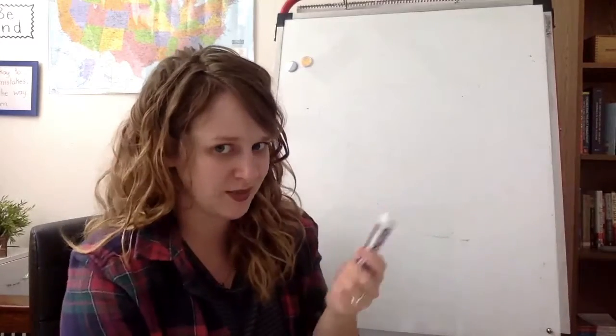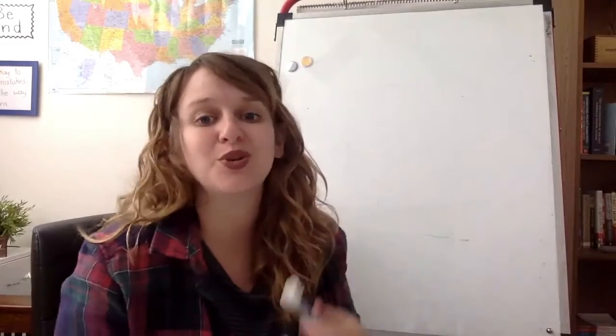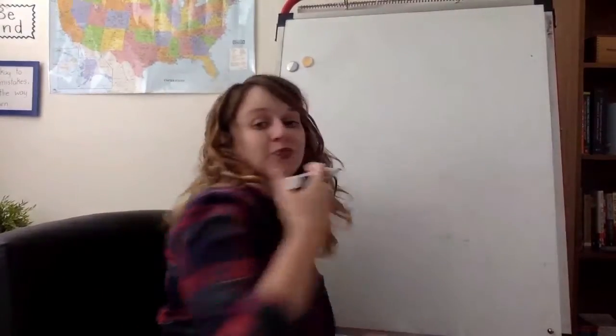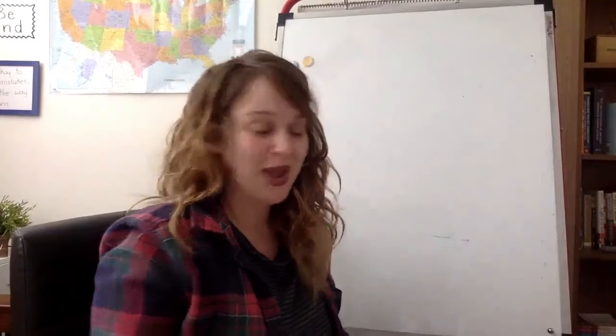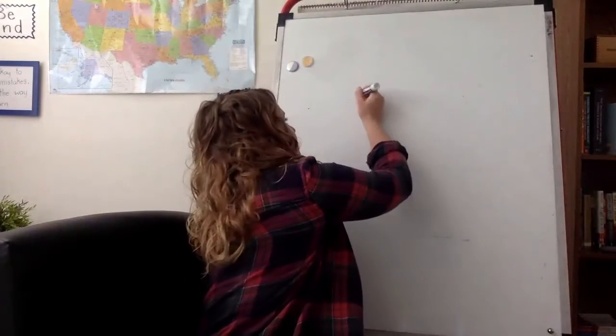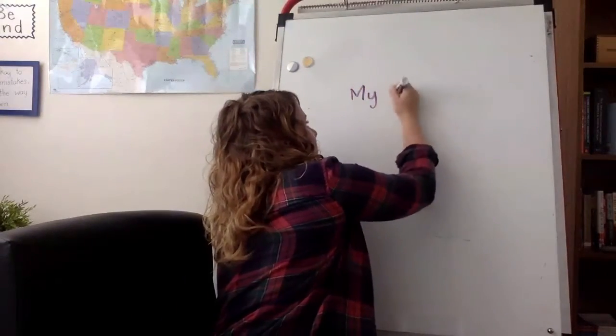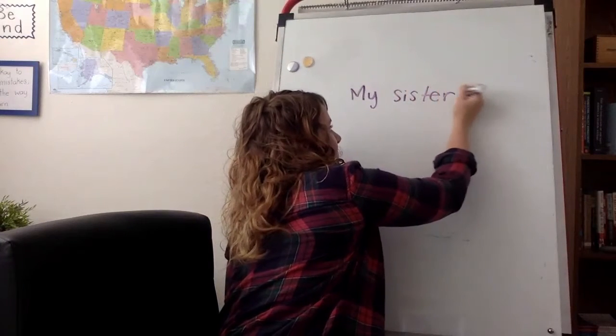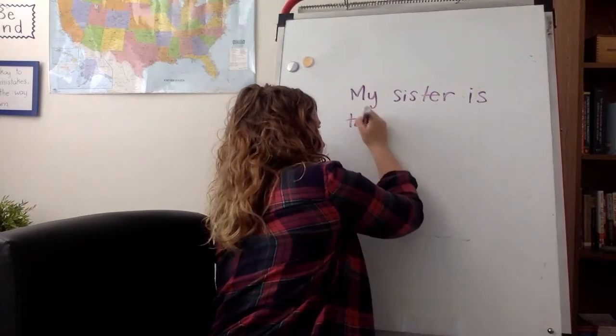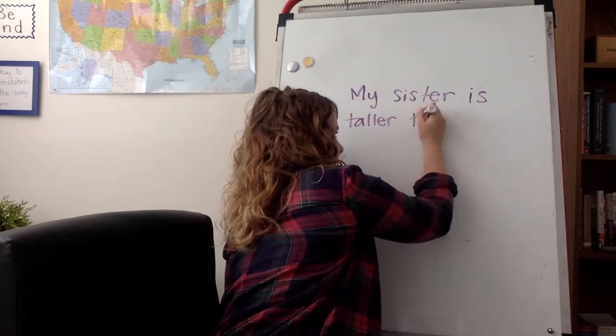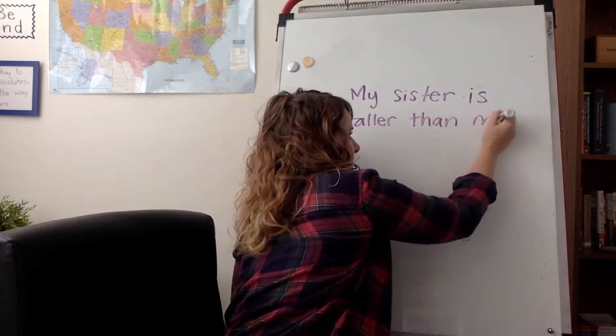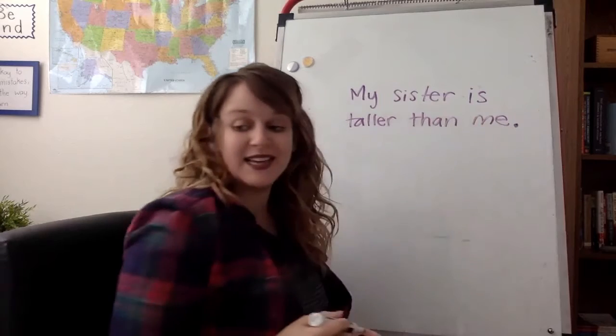So another way to complete this assignment is to do a statement, okay? A statement sentence. For example, you could do, my sister is taller than me. That is a statement.